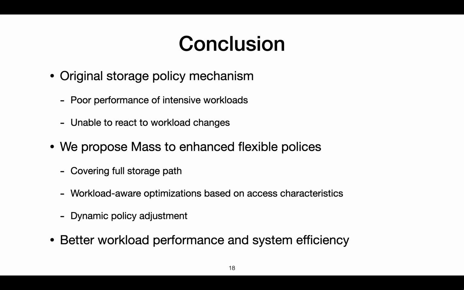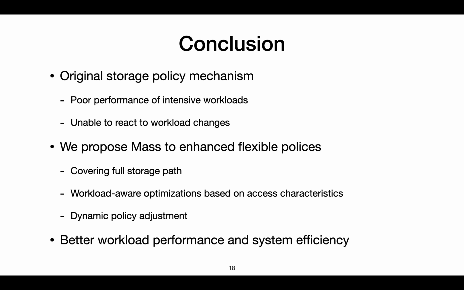Starting from the existing storage policy mechanism, we found that when the requests become intensive, which is commonplace today, the policies cannot guarantee satisfying performance. Besides, the policy mechanism lacks flexibility, which makes it unable to cope with possible workload changes. Therefore, we propose MASS to provide enhanced policies.